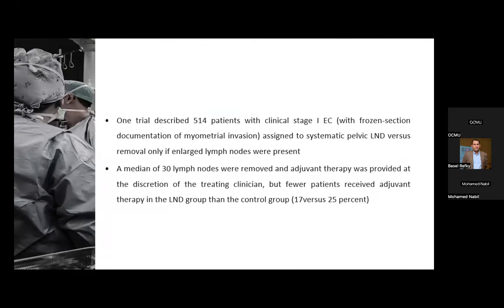The first trial included about 500 patients with clinical stage 1 endometrial cancer assigned to systematic pelvic lymph node dissection versus removal of nodes only if they were positive or enlarged. A median of 30 nodes were removed and adjuvant therapy was provided at the discretion of the treating clinician. Fewer patients received adjuvant therapy in the lymph node group than the control group.